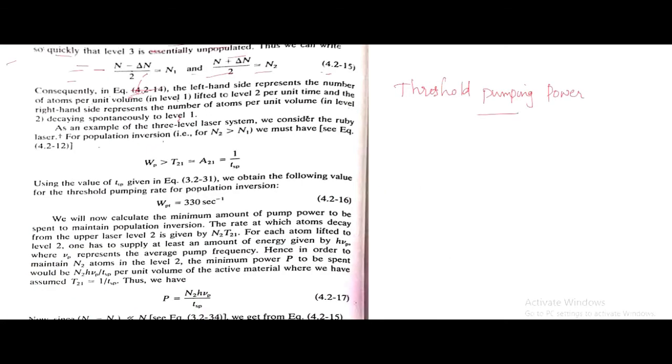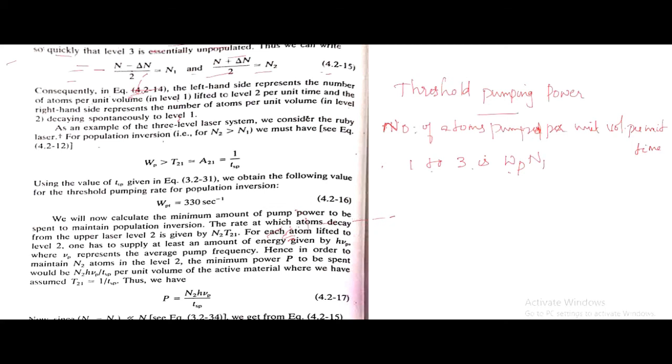Let us find the threshold pumping power required to start laser oscillation. Here, the number of atoms pumped per unit volume per unit time from level 1 to 3 is WP N1.